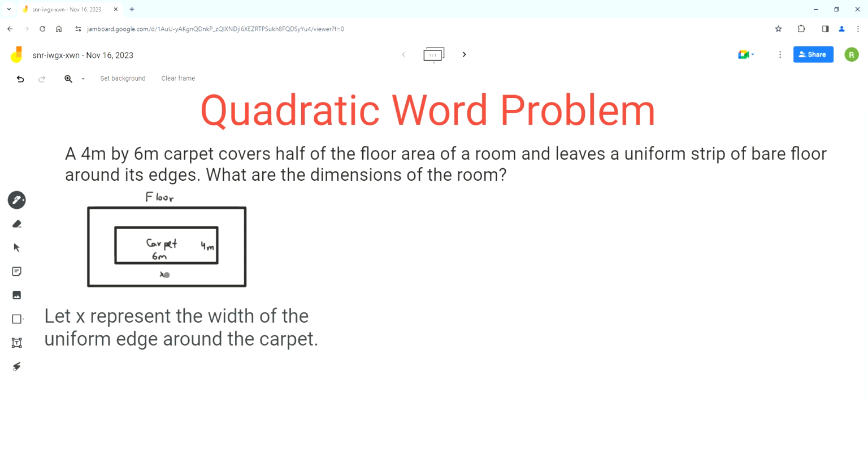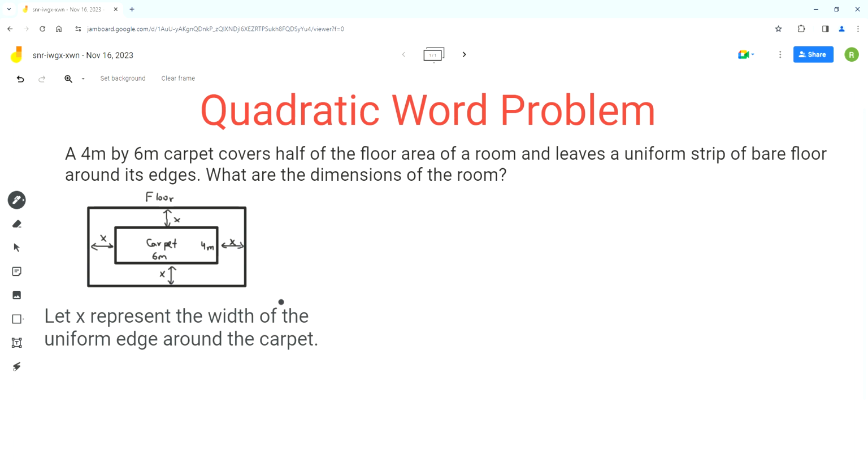So let's assume this is x, and this width is x, and this width is x, and the fourth one is also equal to x, because as per the problem this width is uniform throughout.